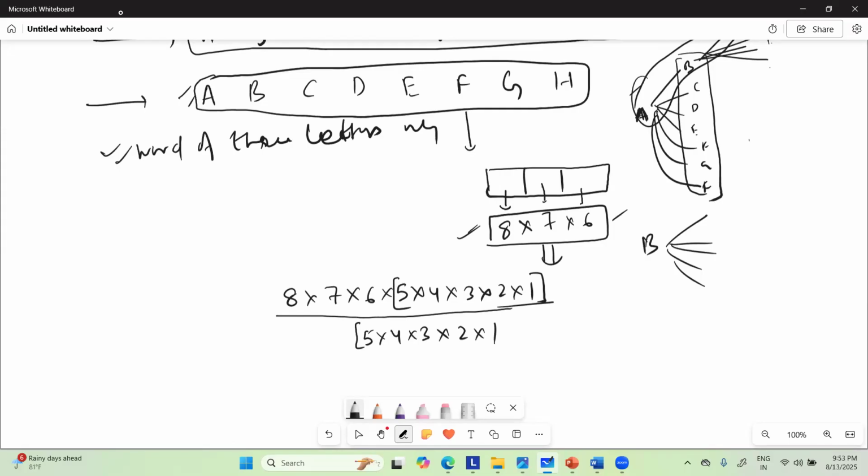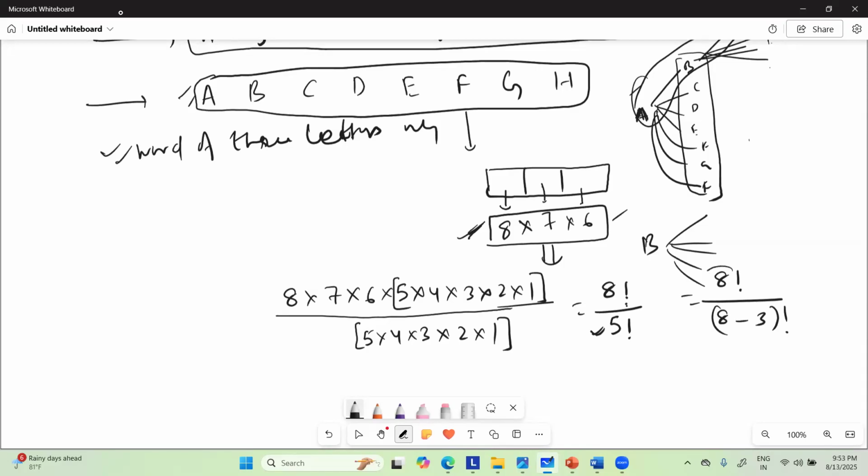So what I'm getting here is 8 factorial on top and 5 factorial at the bottom. And the reason why we are getting 5 factorial is because we had to make a word of 3 letters only. So 8 factorial over 8 minus 3 factorial.